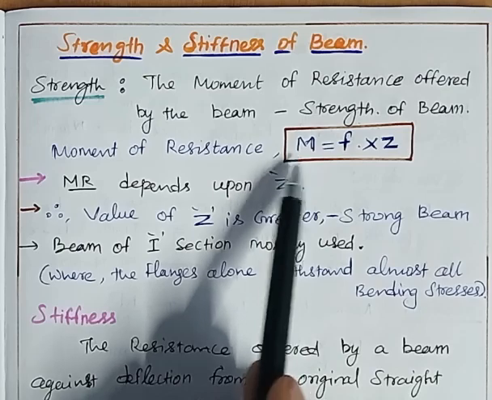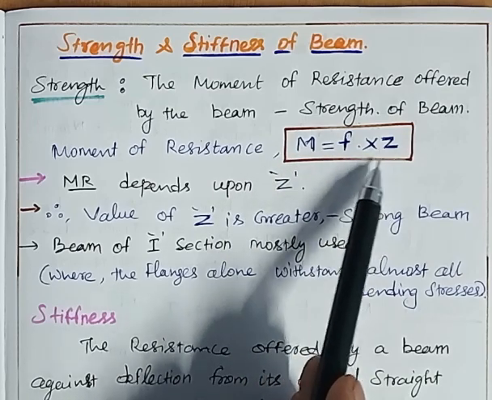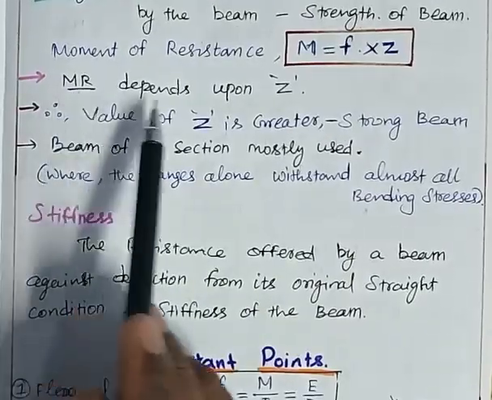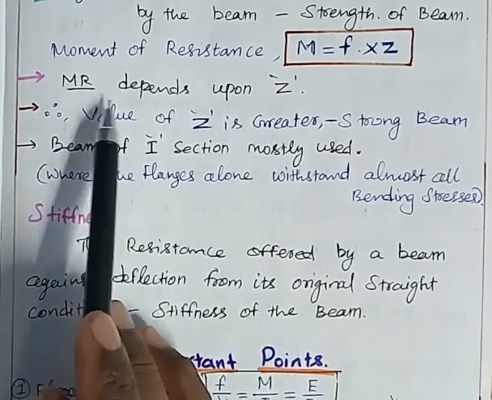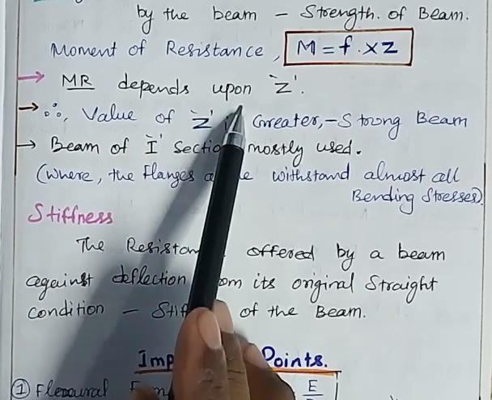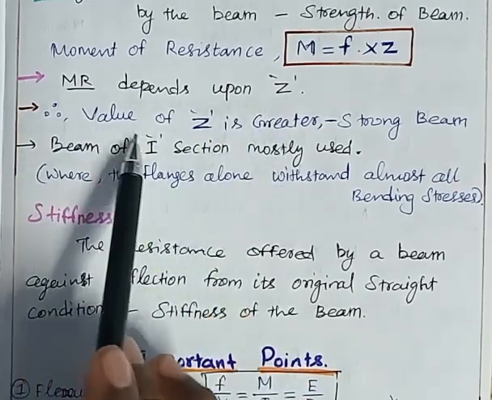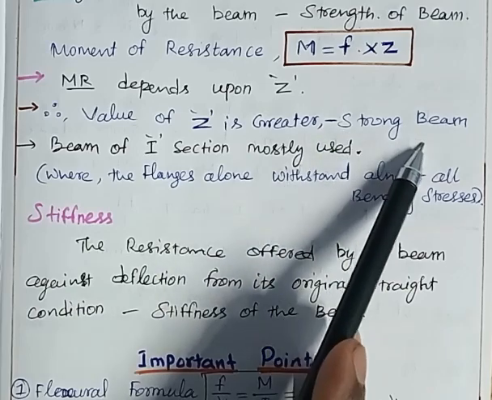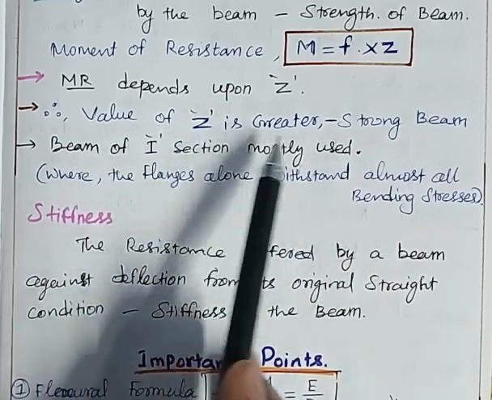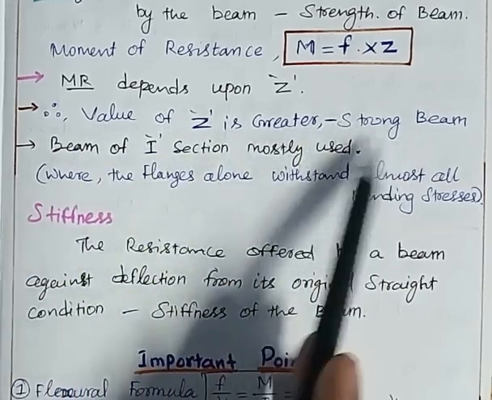The moment of resistance M equal to F into Z, the section modulus. Moment of resistance depends upon the section modulus. Therefore, if the value of Z is greater, the beam will be the strongest one.